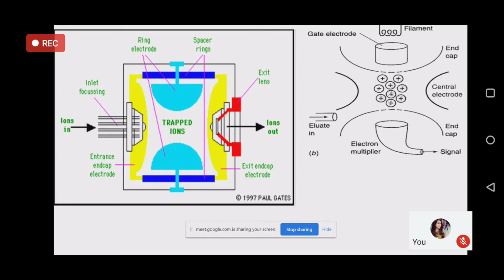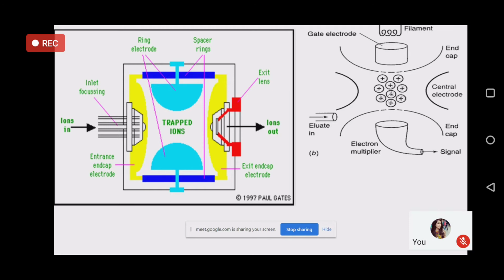This confinement is possible because of the geometry of the electrodes you are using: the hyperbolic end cap electrodes and the central ring electrodes in between. As a result of these two electrodes, one having a DC and the other having an alternating current, you can trap ions inside the electrode system.